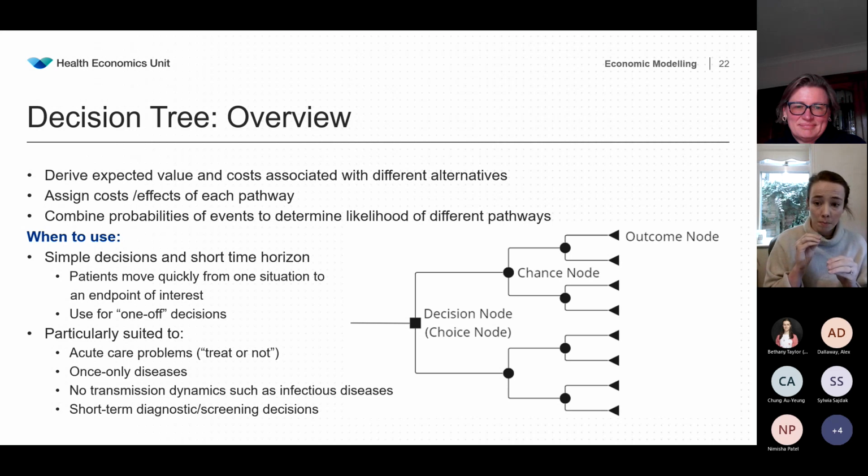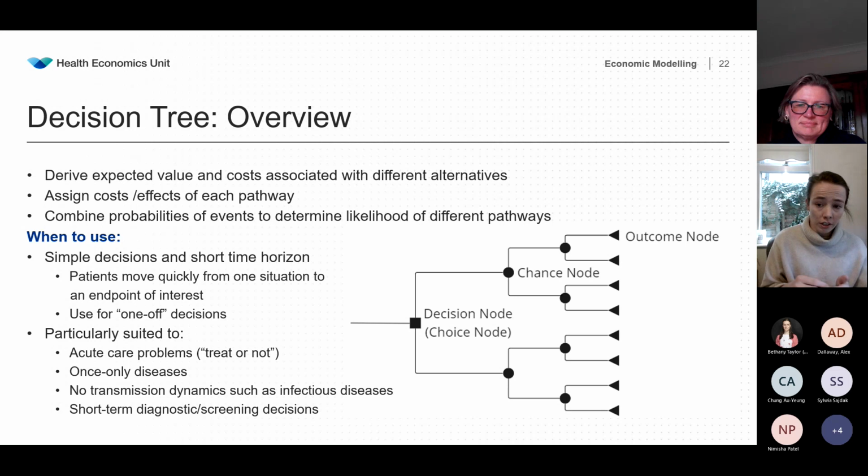The pathways are mutually exclusive sequences of events, and the routes through the tree and the associated probabilities show the likelihood of particular events occurring at chance nodes and can be used to then calculate relative values associated with particular outcomes. Decision trees should only be used for things where you have simple decisions and short time horizons.